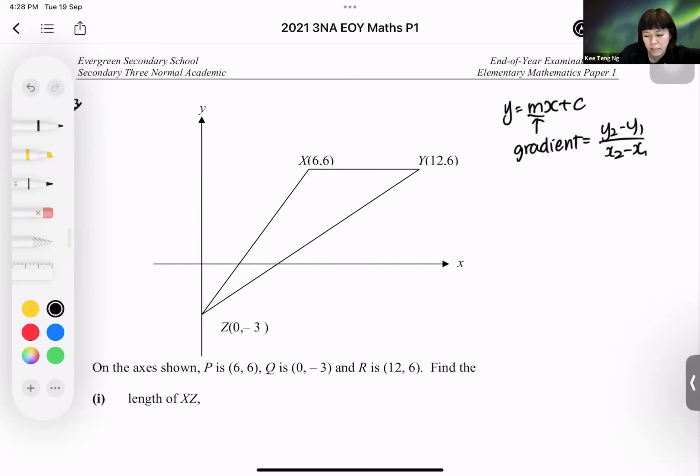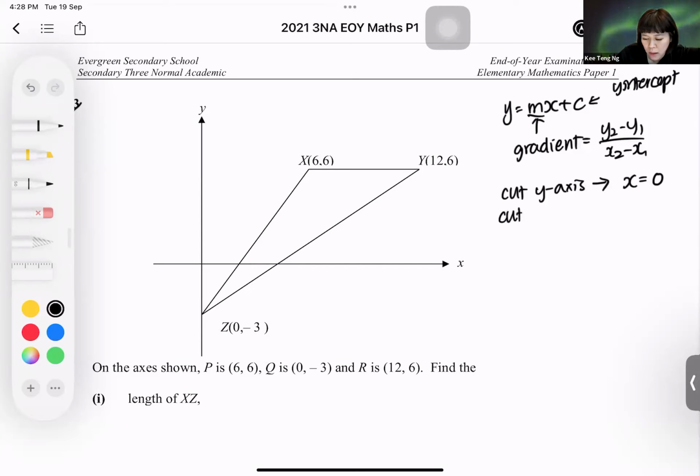Okay, and next we want to find this one. This c is actually the y-intercept. When you cut the y-axis, what happens? The x is equal to 0. If you cut the x-axis, then what happens? The y is equal to 0, correct?